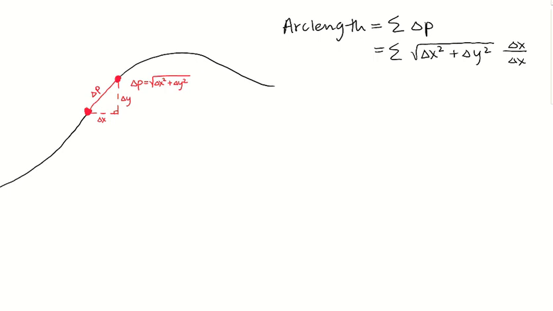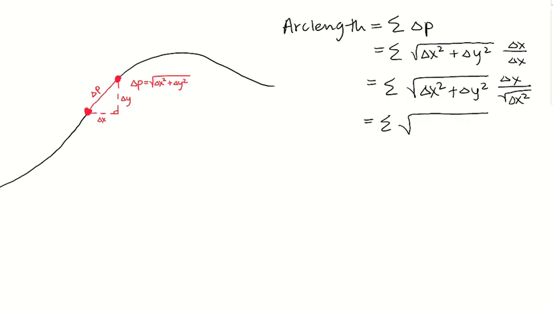What I could do instead is say that the bottom delta x could be the square root of delta x squared, and then I could use one of those old-fashioned radical properties and divide in that square root of delta x squared.